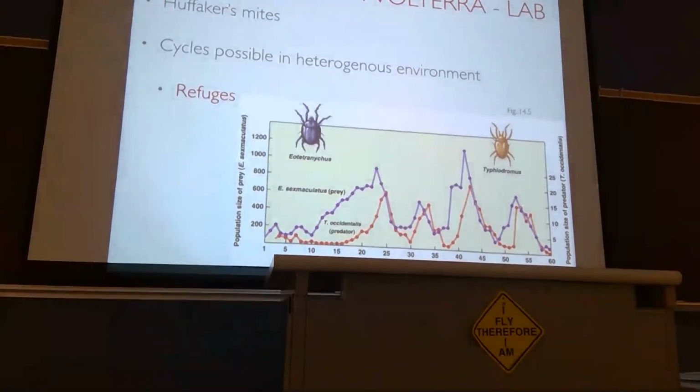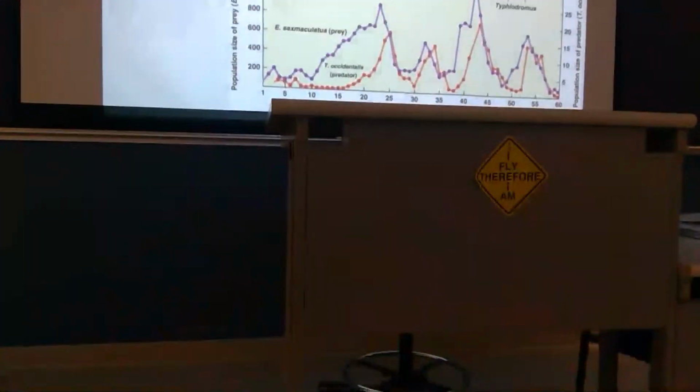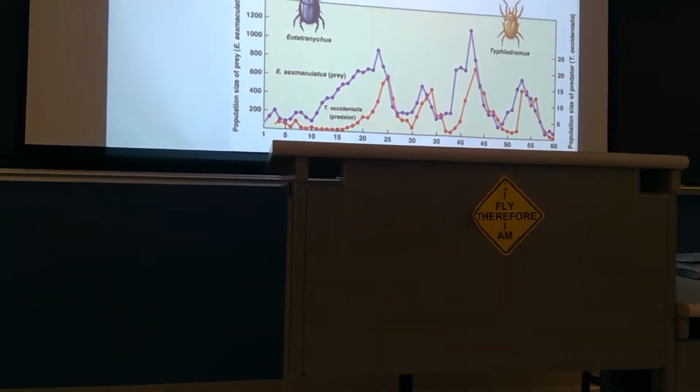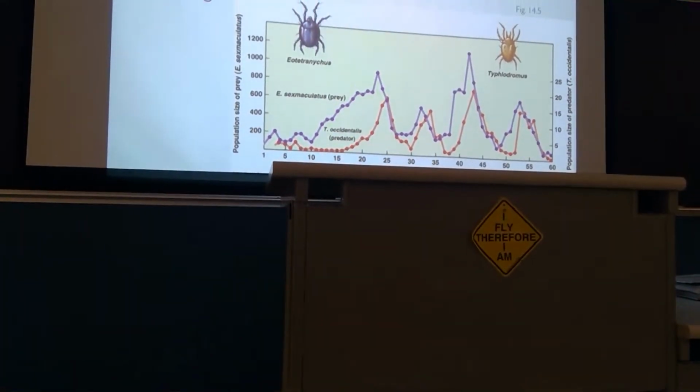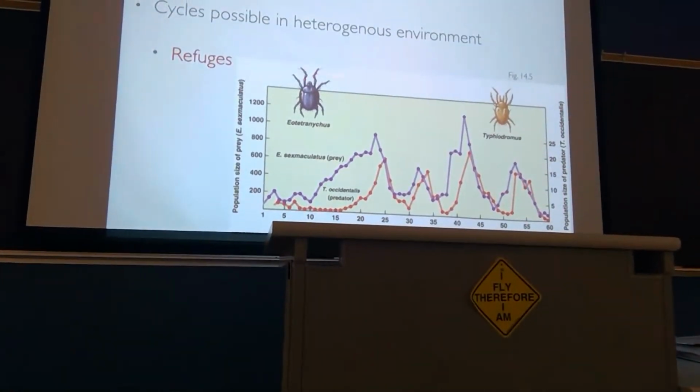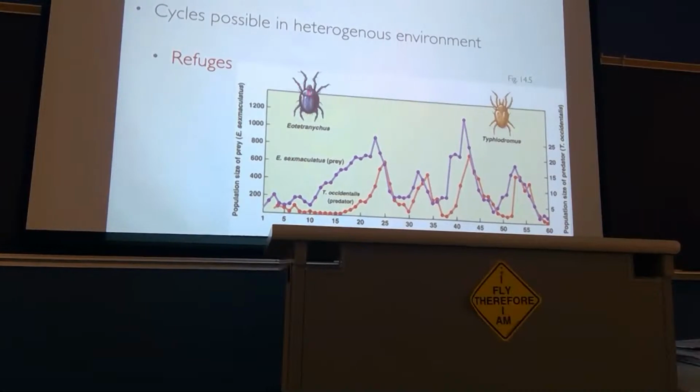Okay. Huffaker did very similar experiments trying to verify Lotka-Volterra in the lab. He worked with mites. This one is the predator mite, the orange colored one, and this one is the prey mite, and this one eats that one.